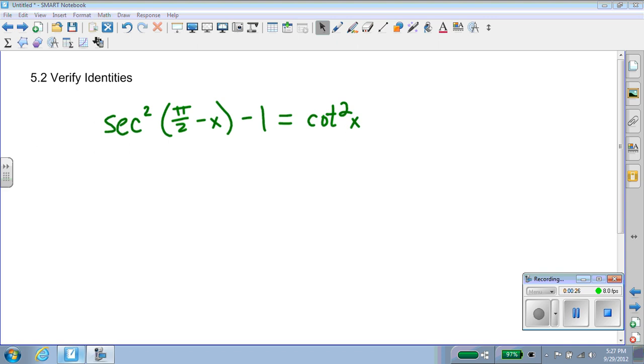I want you to keep those reasons in your mind, but keep in mind that if going from one step to the next I can't obviously see what reason you were using, then I'm going to make deductions on your identities, your proofs.